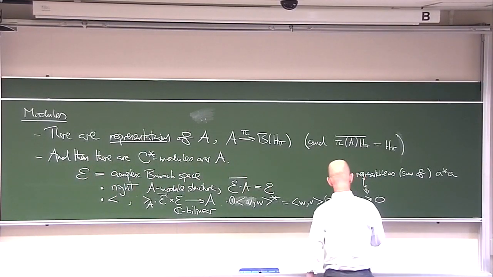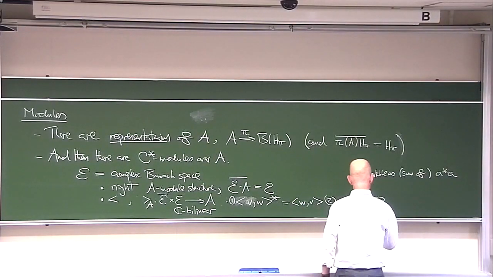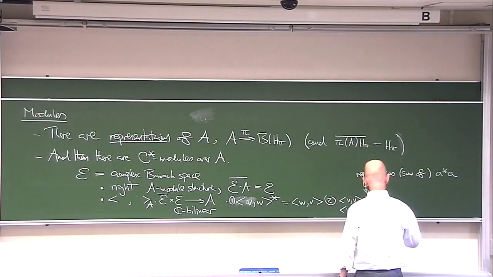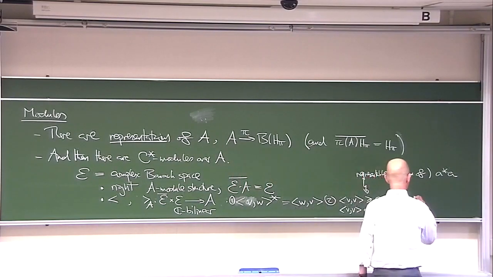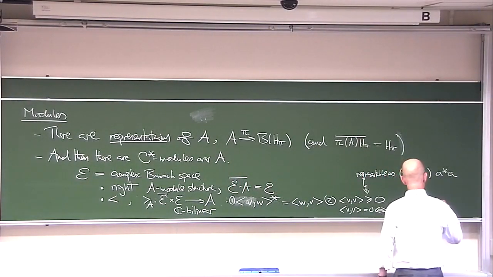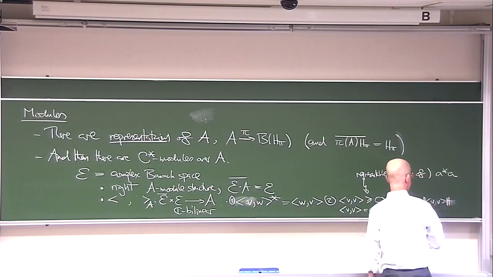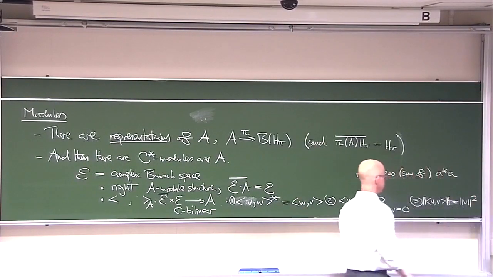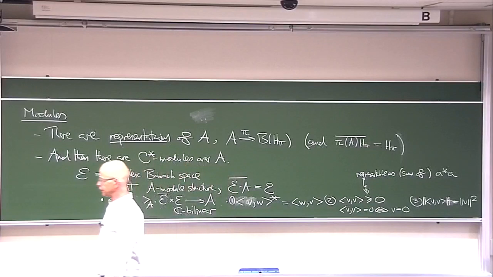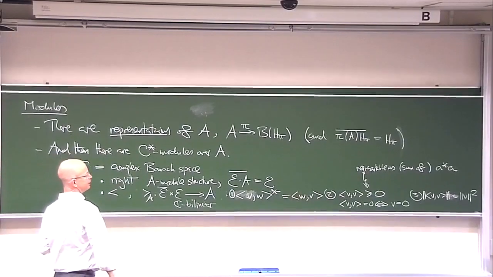And here I want it to be an honest inner product, if you like. And finally, if I take the norm in the C-star algebra of the inner product of V with itself, this is the C-star module version of the basic C-star identity. I think that's it. I hope I have all the axioms.